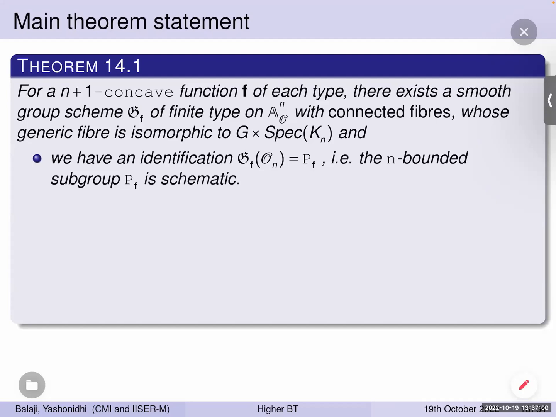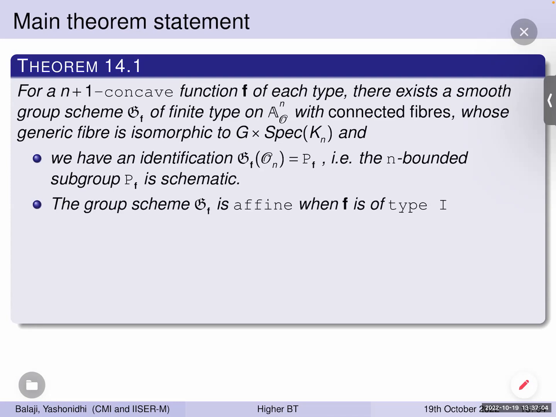That is, the n-bounded subgroup P_F is schematic. The group scheme G_F is affine when F is of type 1, and in types 2 and 3, it is at least quasi-affine.